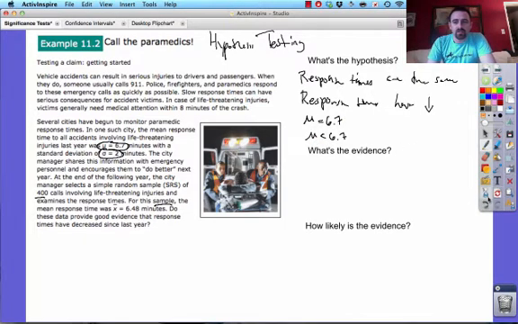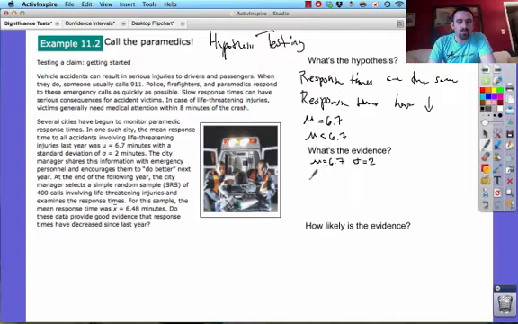Now, let's take a look at the evidence we have. Last year, the mean was 6.7, and the standard deviation was 2, and that was sigma.